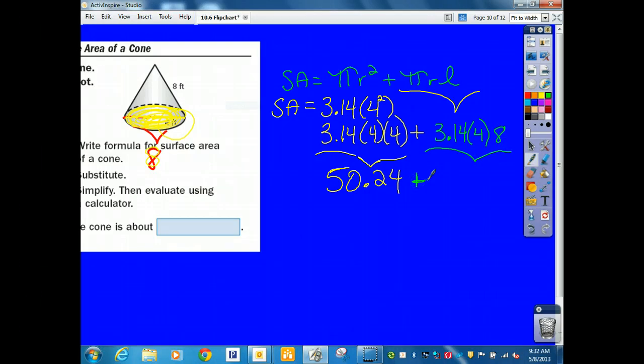What's the surface area of the cone part? 100.48. And everybody came up with the same answer when you put 3.14 in? Perfect. Add these together, the base and the body of the cone, and you get what?